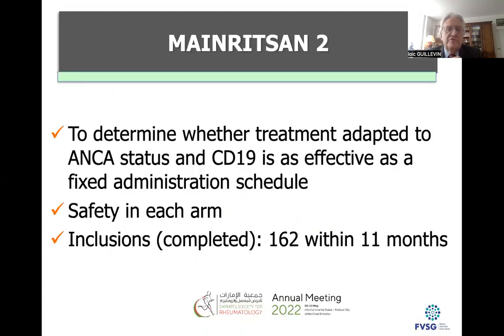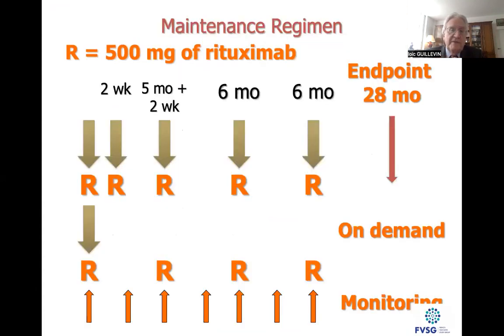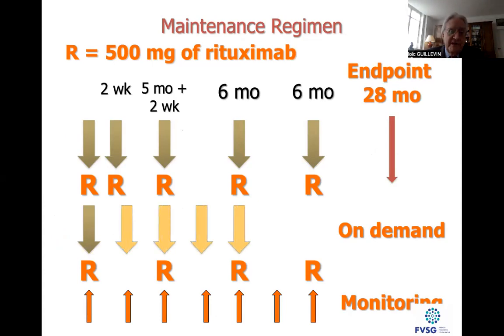And in the MAINRITSAN-2 trials, we made that all the clinicians do. They try to monitor ANCA, they try to monitor CD19, they are anxious when there is a high titer of ANCA, but what to do in fact? And for that, we made a trial. We compared the conventional treatment for us now, which is rituximab for maintenance, 5 infusions, to an on-demand injection of rituximab.